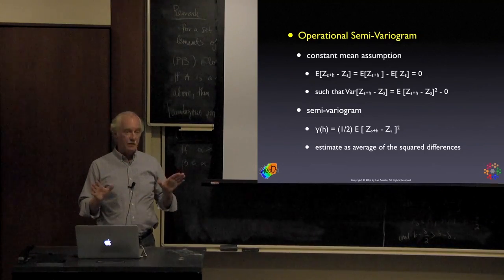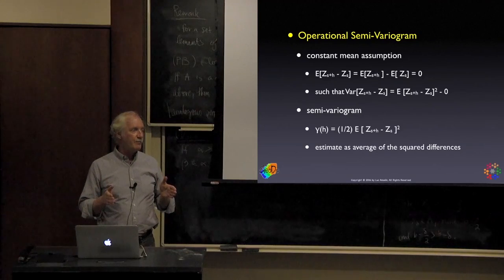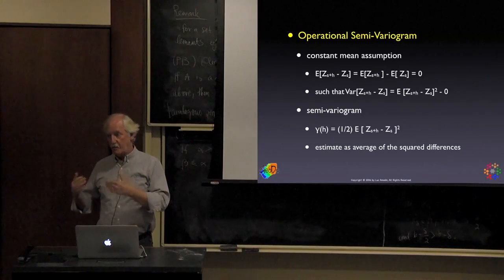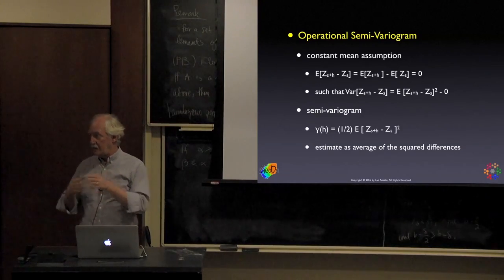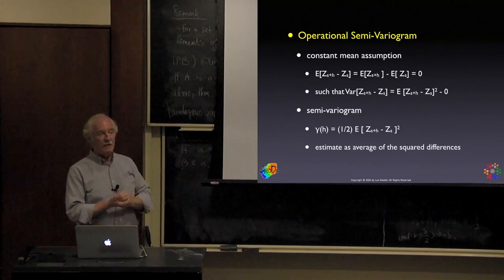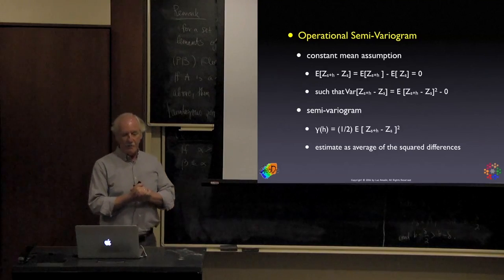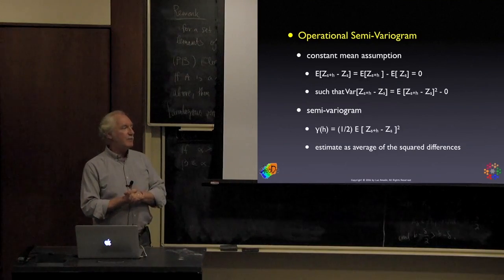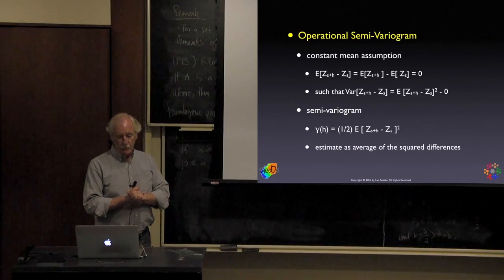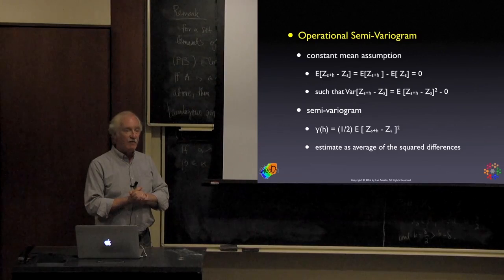And now we're in business because we're good with expected values. We estimate those as averages, right? An expected value is estimated as the mean or the average in real observations. So we will estimate the semi-variogram as some kind of average of square differences for a given distance interval, right?